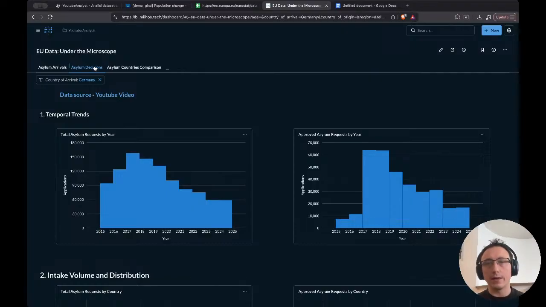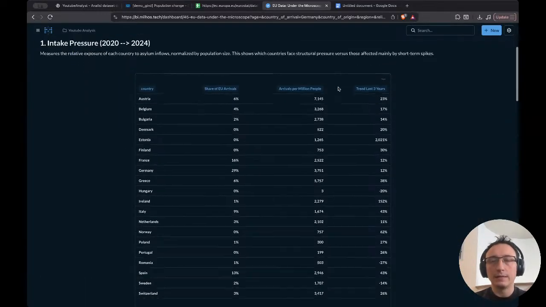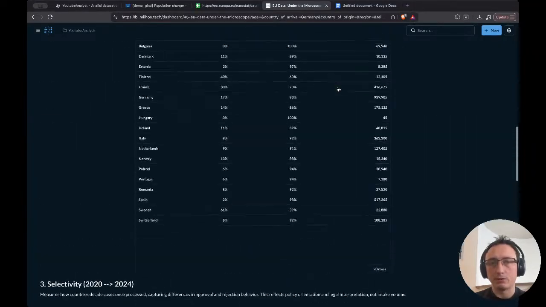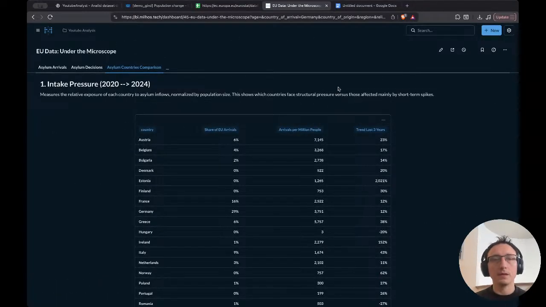It means whether an application is approved or rejected. Then we created also a comparison by countries. So far, this is what we have built.